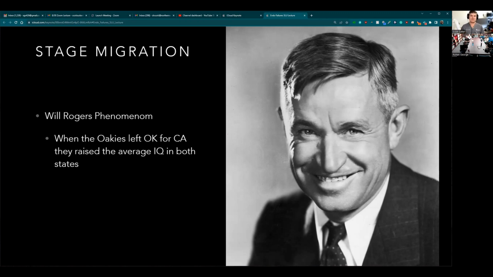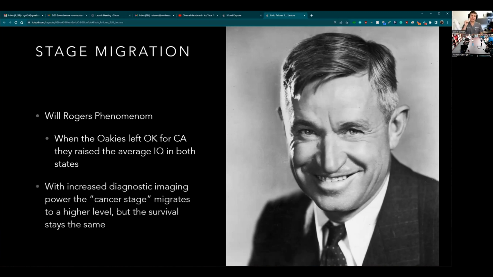And what does this mean in cancer? As you increase your diagnostic imaging power, the staging of the cancer migrates to a higher level, but the survival stays the same. If you look at our survival rates for something like breast cancer, which is very well studied, it was really, really bad in the 50s. Then we started to get chemotherapy, radiation, better diagnostics, and we saw an increase.